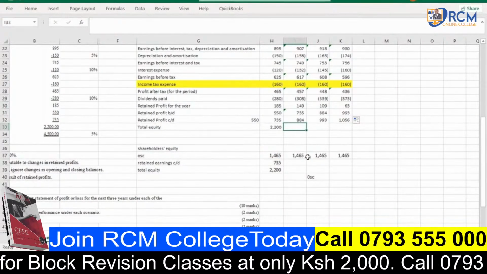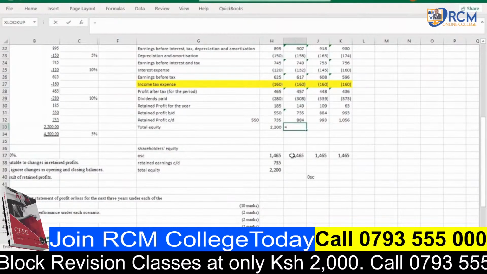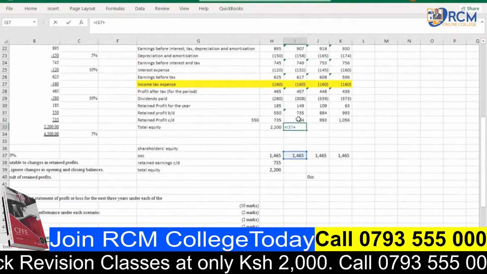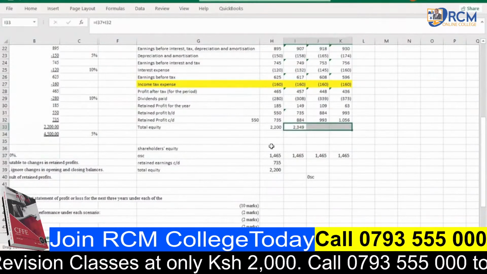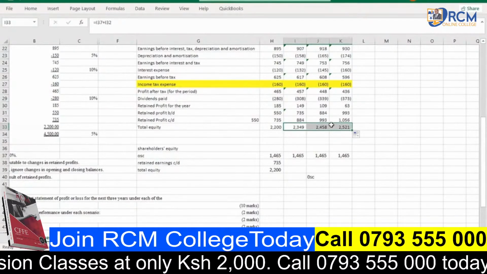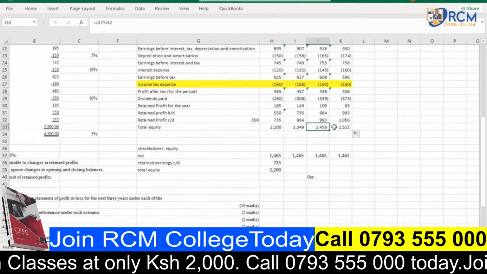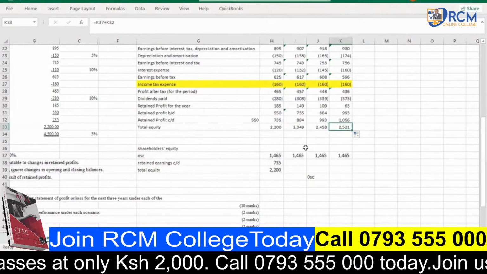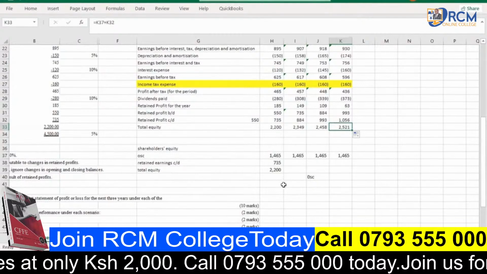Is it? So tutakuja hapa tuseme it is this value plus the retained earnings carried down. Tukifanya hivyo, we will be able to get our total equity for the 4 years. That's how we get the total equity. So you can see the total equity has changed, but not due to changes in ordinary share capital. No, it is due to changes in retained earnings that examiner talked about.